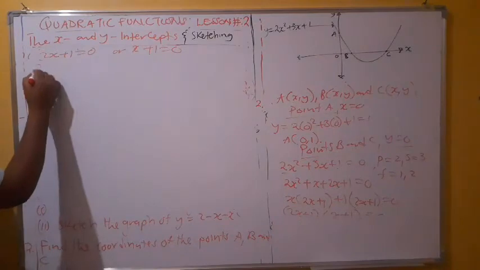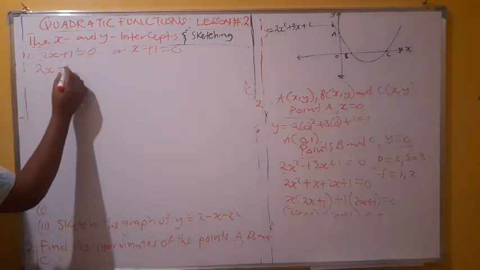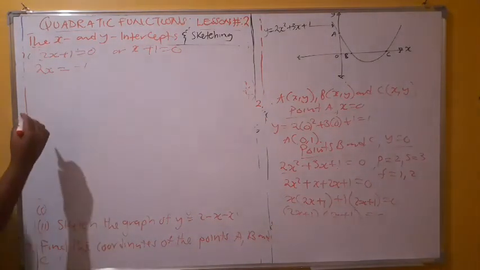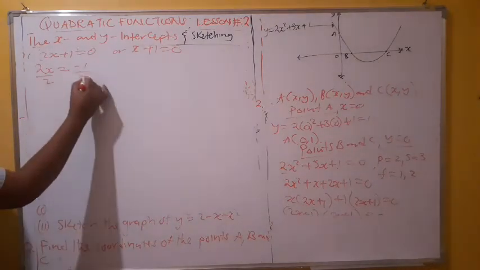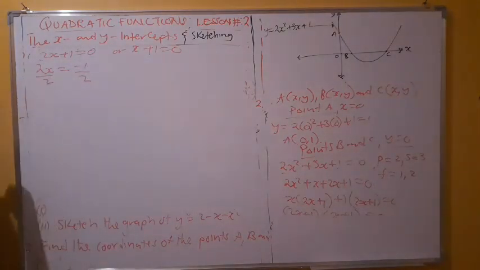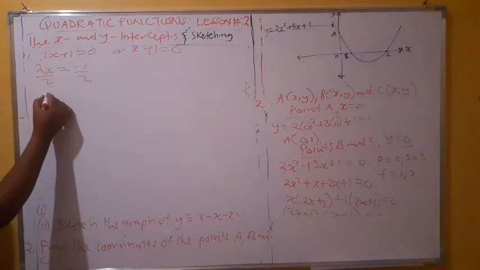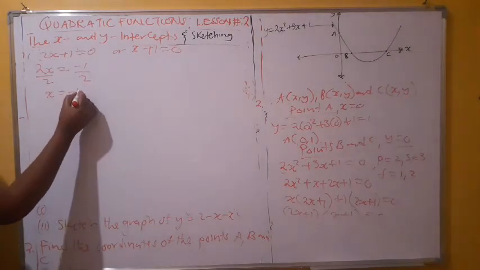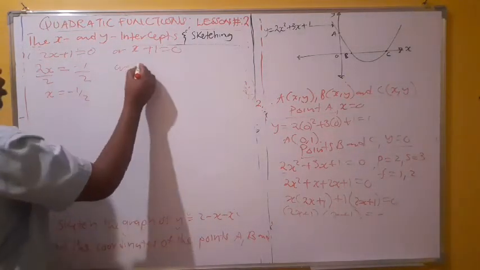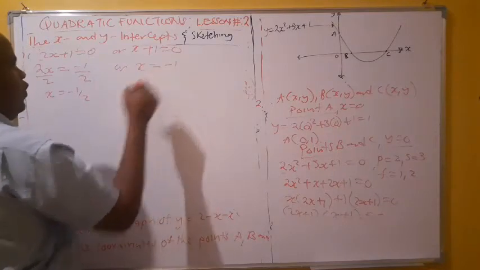So we say 2x is equal to 0 minus 1, which is negative 1, over 2 over 2, to find x. So these will divide, so x is negative half, or x is equal to negative 1.